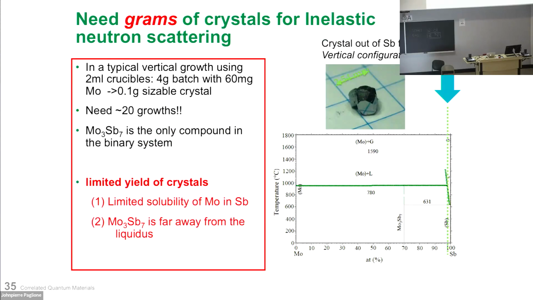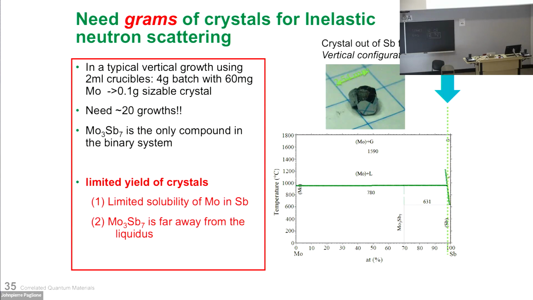So you need grams of crystals, however, for inelastic neutron resonance. If you typically use 2 cc crucibles, you have a 4 gram batch, 60 milligrams of molybdenum, and may get 0.1 grams of crystal. So if you want to get several grams, you need at least 20 growths if you do it at 2 cc.